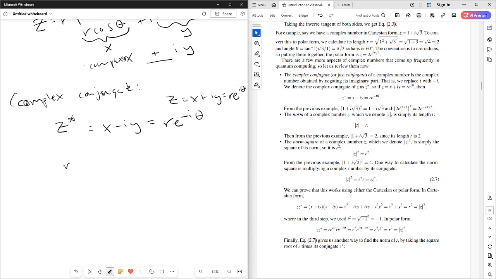The norm is just its length. The norm of a complex number z is simply its length r. The norm square, which is its length squared, in this case would be equal to r squared.